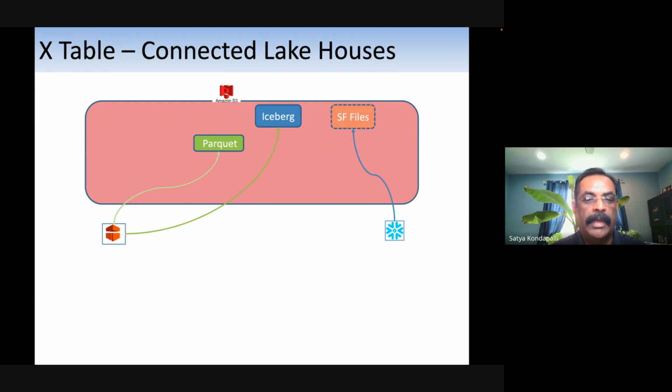In a previous video, I walked through how to integrate an Iceberg table through Snowflake object storage. Basically, object catalog integration, Snowflake catalog integration. Snowflake has a Snowflake catalog and object catalog integration, right?